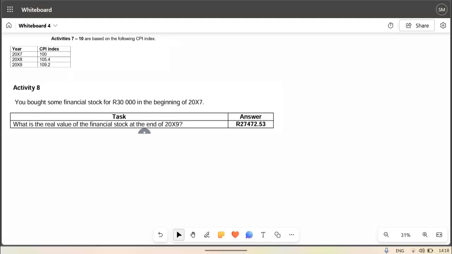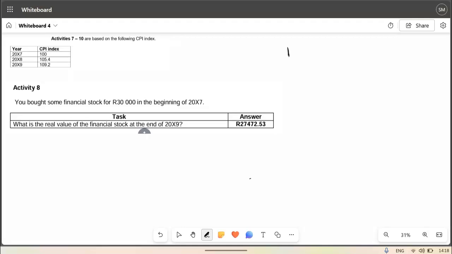So now we go to activity 8. Here they're saying that we bought some financial stock for 30,000 in the beginning of 20x7, which is our base year. The CPI index there is 100. Now the question is, what is the real value of the financial stock at the end of 20x9, right? So step number 1 over here.